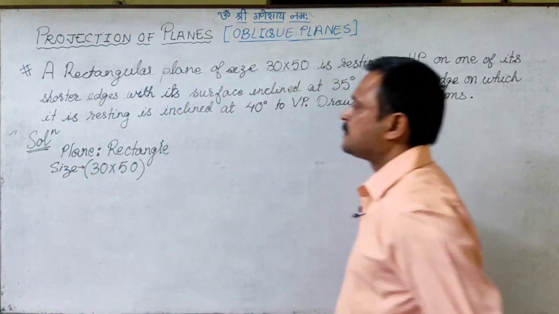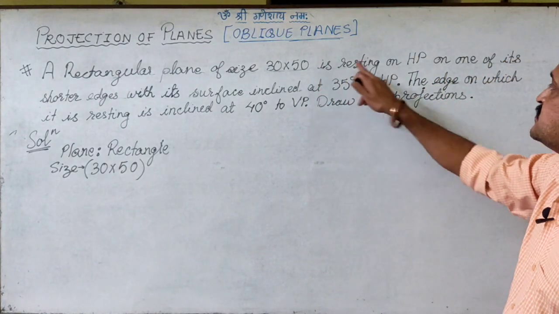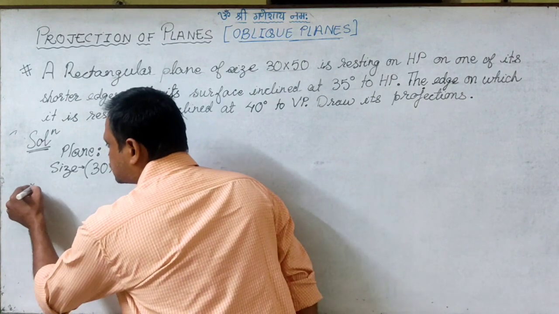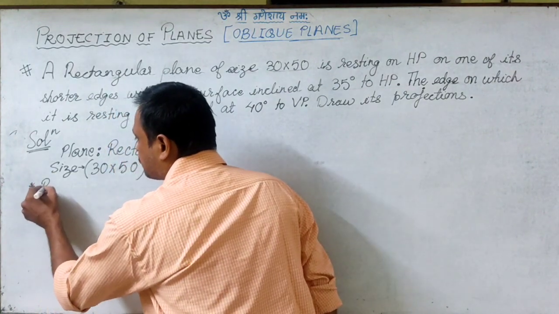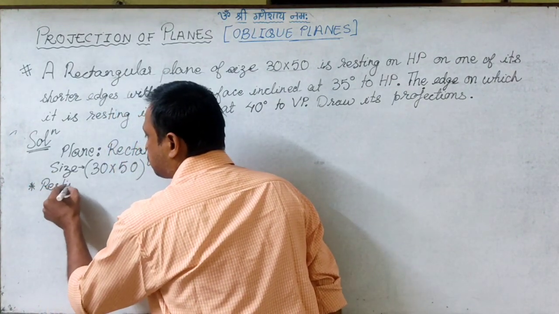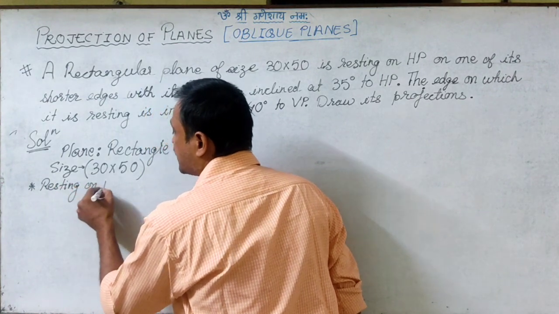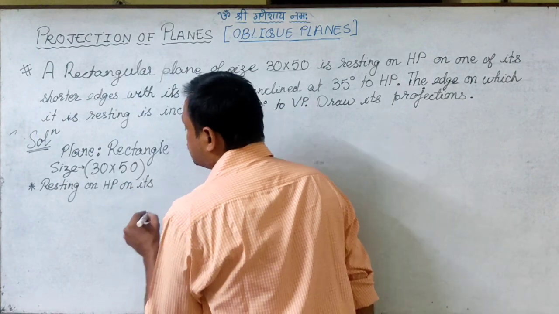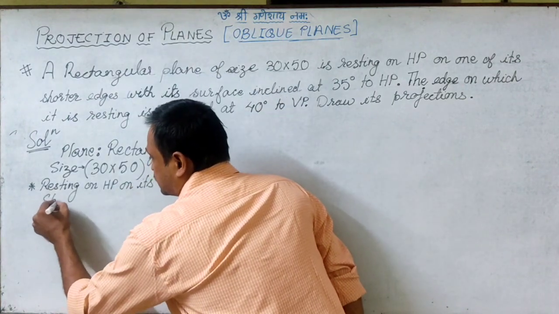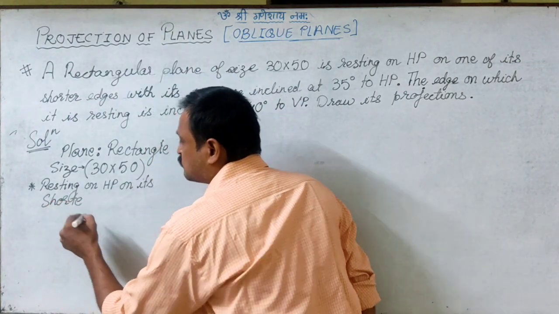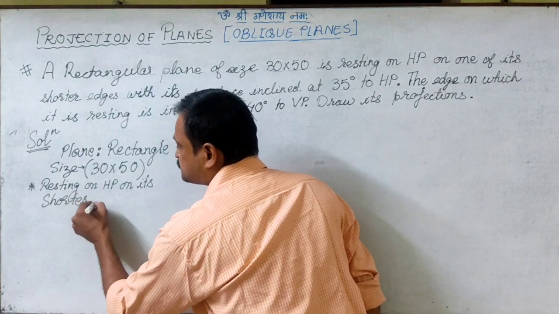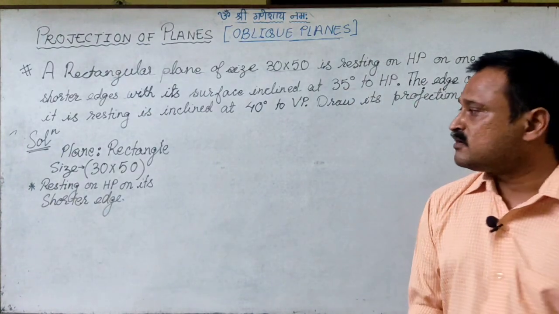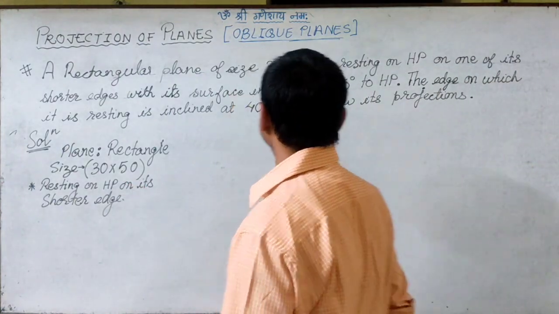Then it is resting on HP. So the first condition is given to us: it is resting on HP on its shorter edge. There are two short edges, so we will select any one of the shorter edges on which it will be resting.